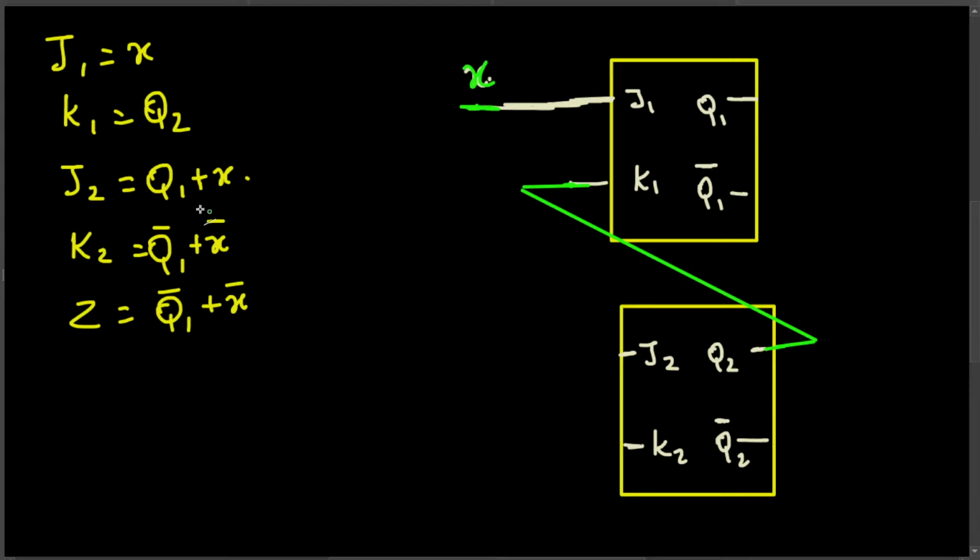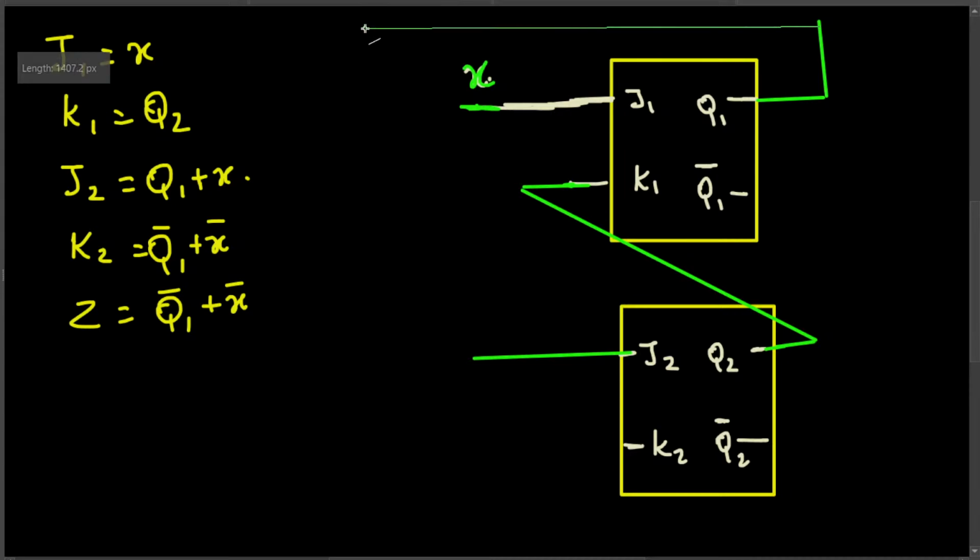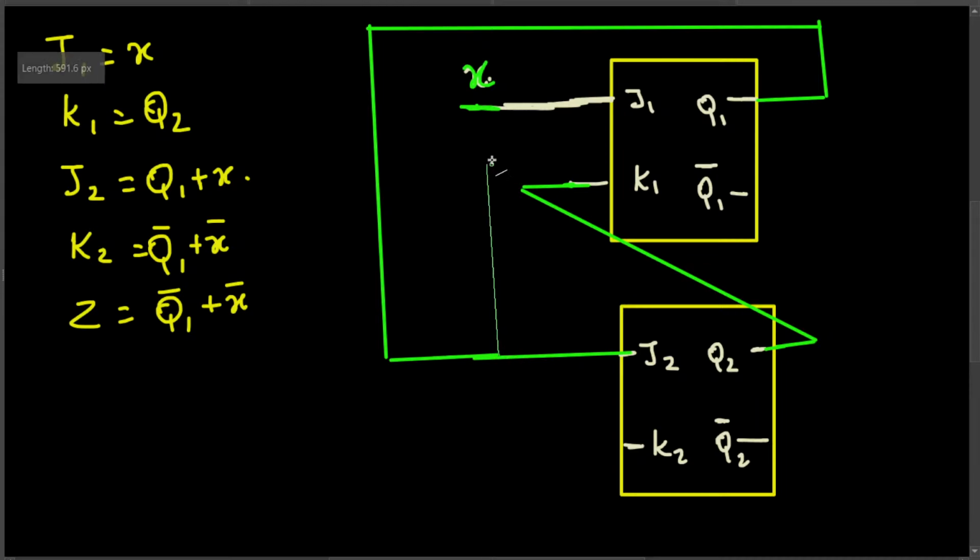And J2 is Q1 plus X. Okay, so to connect with Q1, I can extend this one line like this, connect it here, and one wire goes to the X like this. The K2 is Q1 naught and X naught.